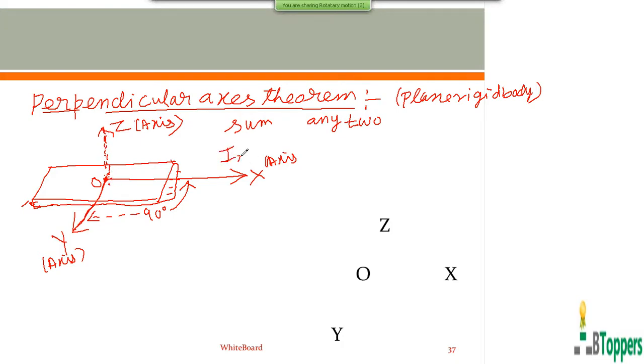Let I subscript X denote the moment of inertia of the plane rigid body about the axis OX. I subscript Y denotes the moment of inertia of the rigid body about the axis OY, which also lies in the plane of the rigid body. Let I subscript Z denote the moment of inertia of the rigid body about the axis OZ, which is perpendicular to the plane of the rigid body.